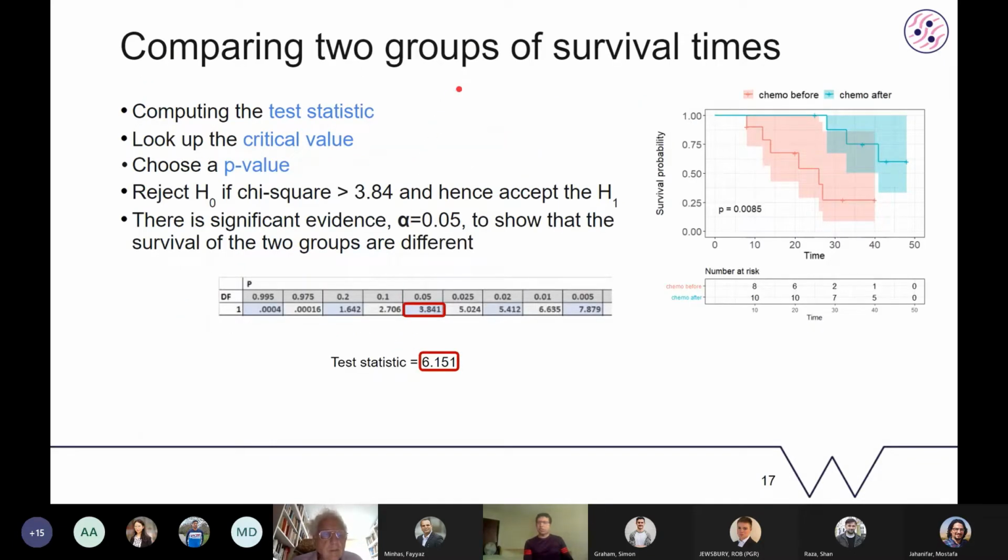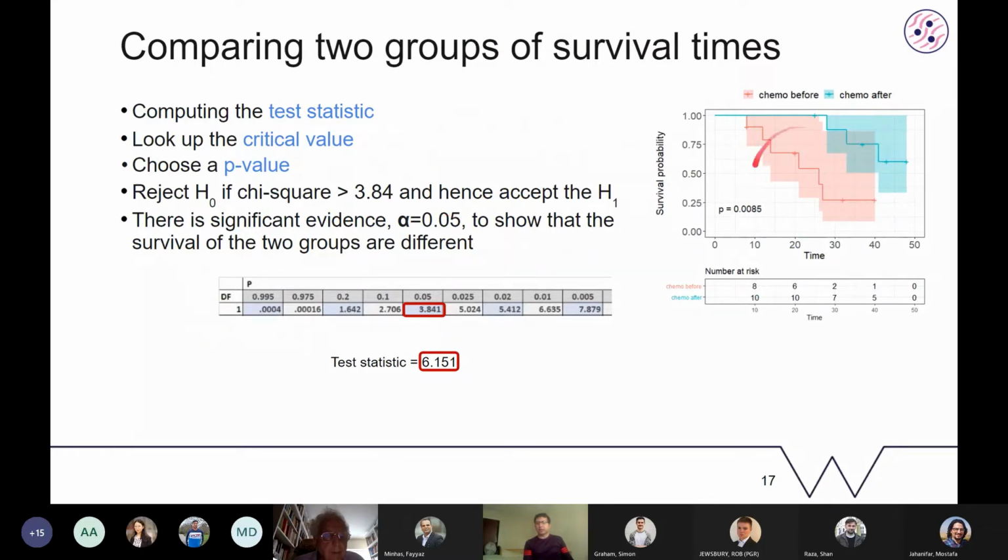So what this test does is you calculate the test statistic and look up the critical value table for a certain p-value. And if your test statistic is above the critical value at that level of significance, then you can reject the null hypothesis and accept your alternative hypothesis.